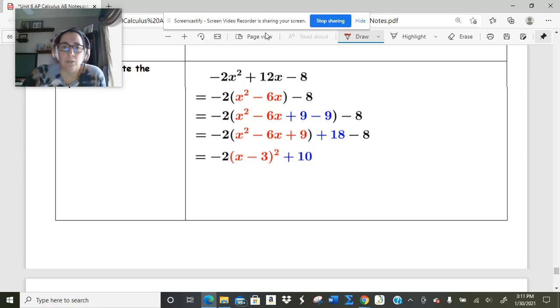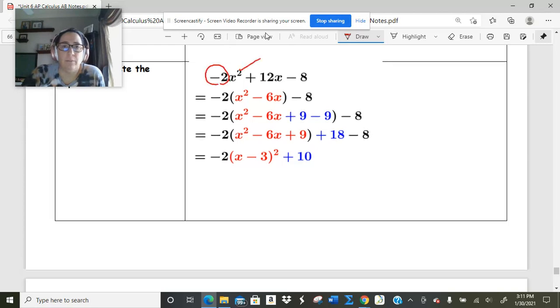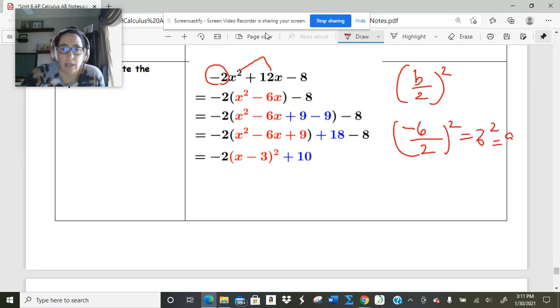So when we complete the square, we're always going to factor out the coefficient from the first two terms. Then I'm going to do my b divided by 2 and square it to get the term I need on the inside. So in this case, that would be negative 6 divided by 2 squared, which is negative 3 squared, or 9.